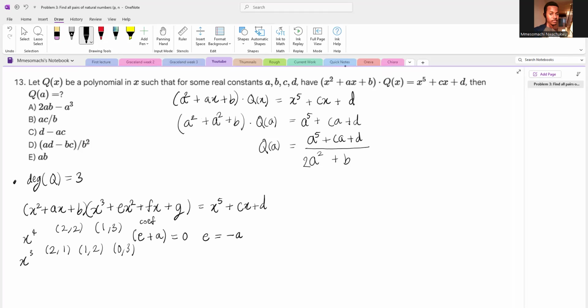We can't have 3, 0 because the first bracket does not have x to the power of 3 anywhere. So 2, 1 is going to be f. Then 1, 2: ax times ex squared, that's going to be ae.